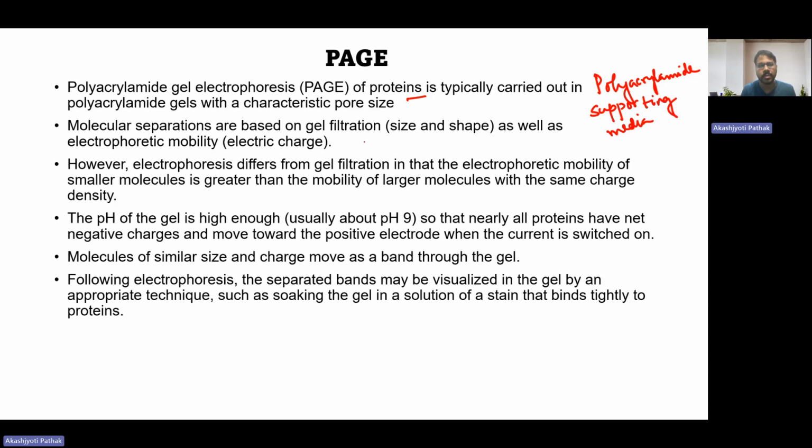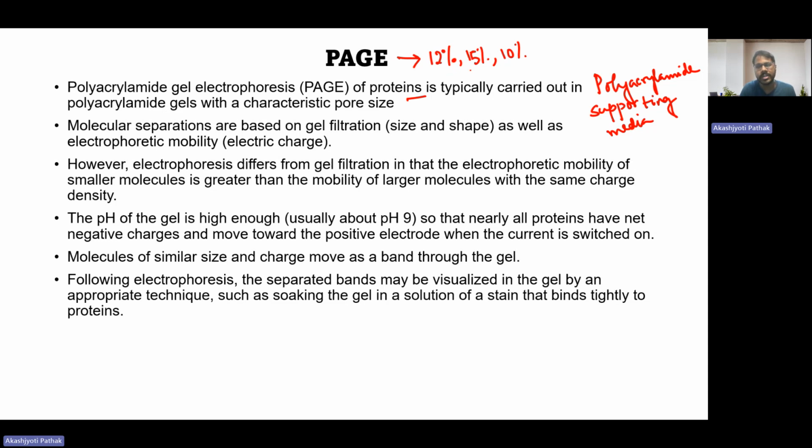Okay, so you can prepare different percentages of polyacrylamide gel in the lab. You can prepare 12% polyacrylamide gel, you can prepare 15%, 10%. You can prepare any percentage of polyacrylamide gel.